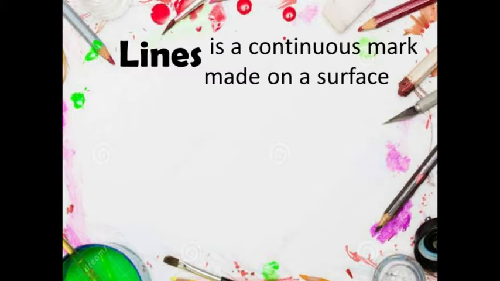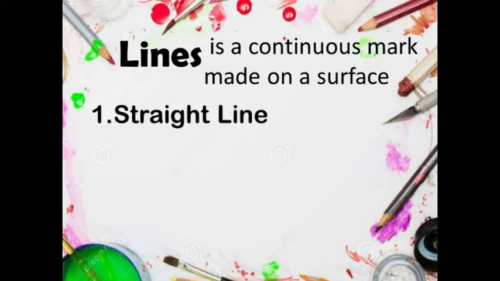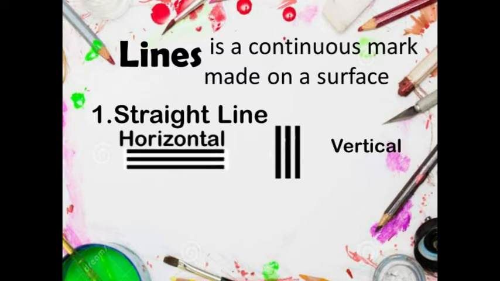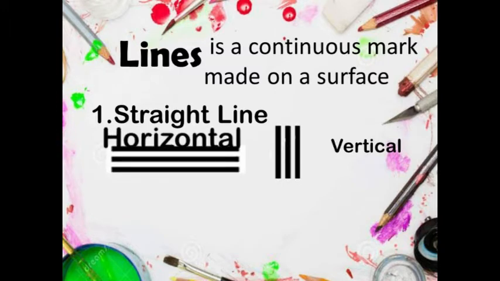Line is a continuous mark made on a surface. And these are the examples of line. First is the straight line. We can categorize straight line as the horizontal line and the vertical line. Horizontal lines are lines drawn from left to right.